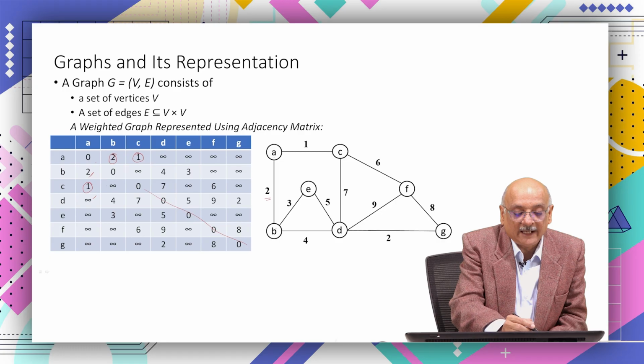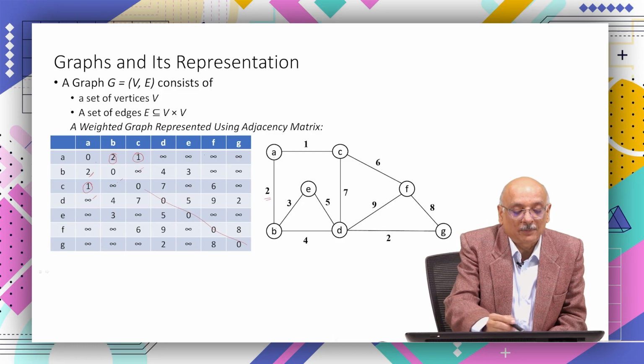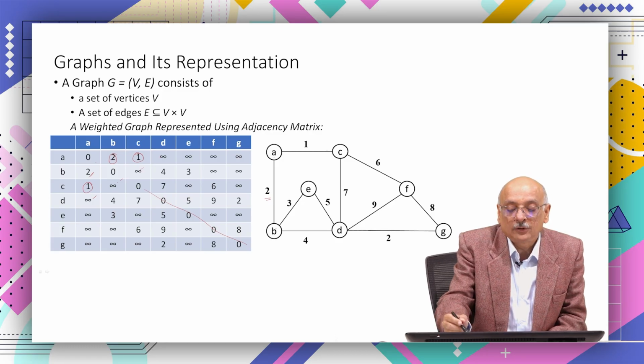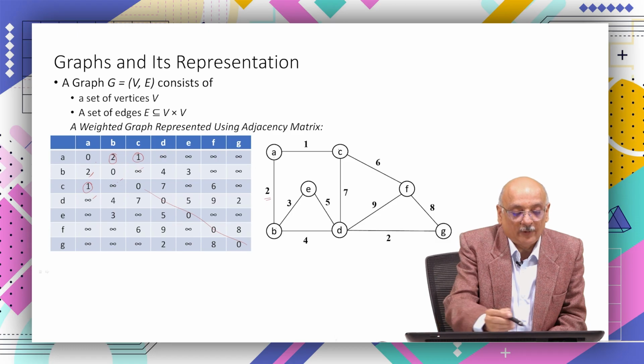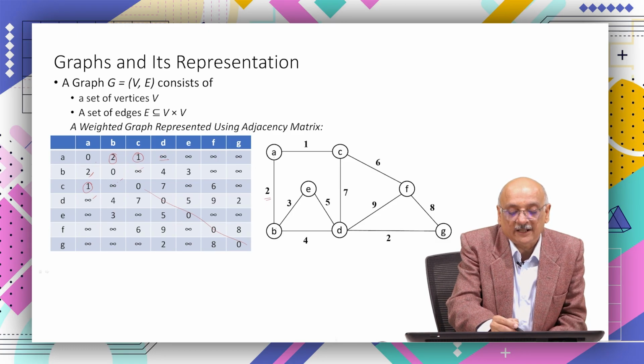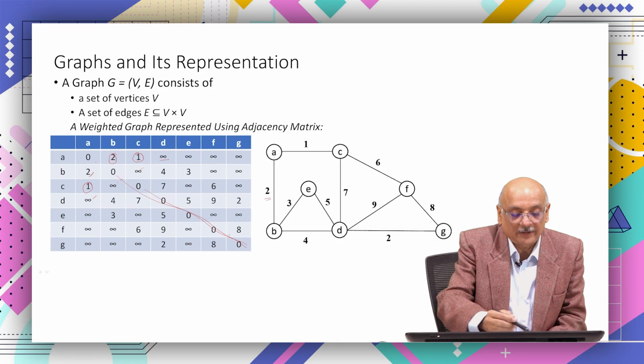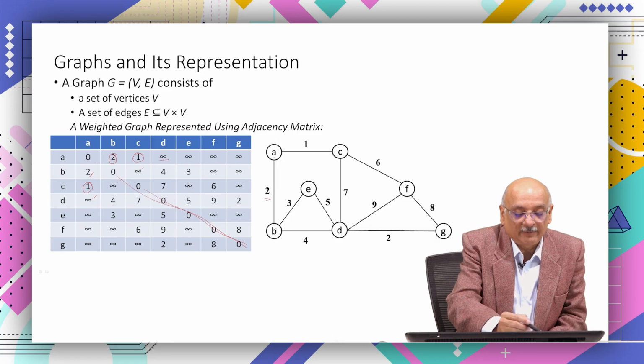Infinite basically represents, in this particular case, when there is no direct edge from a particular vertex to another vertex. For example, from vertex A to vertex D, there is no edge. That is why it is being represented as infinite. All right. So you can see that this particular matrix has similar elements on either side.